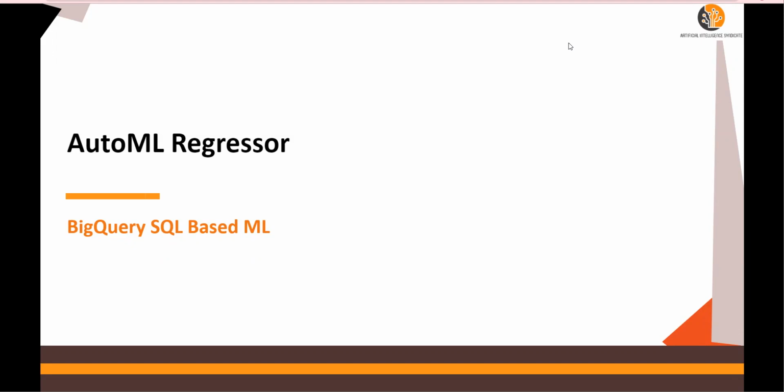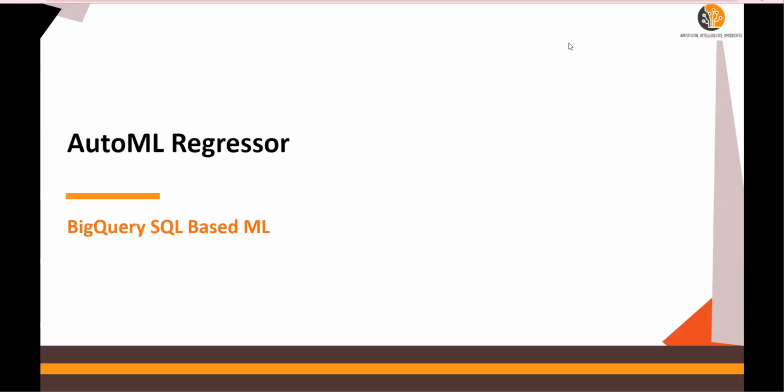Interestingly, AutoML comes from Google's Model Zoo. When I say Model Zoo, I mean there are a lot of models that are created by Google DeepMind, and you don't have to worry about which model is working, which model is not working, how to pick the right model. AutoML is going to do this job for you.